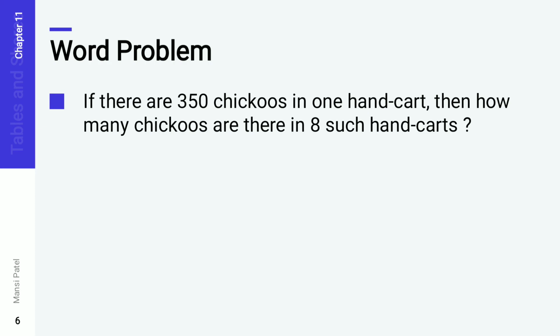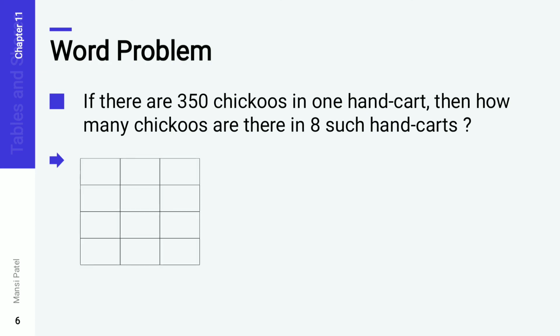Yes. So in this type of questions, you have to do the multiplication. So here you have to do the multiplication of 350 multiplied by 8. 8 zeros are 0. Then do the multiplication of 8 and 5. 8 5s are 40.